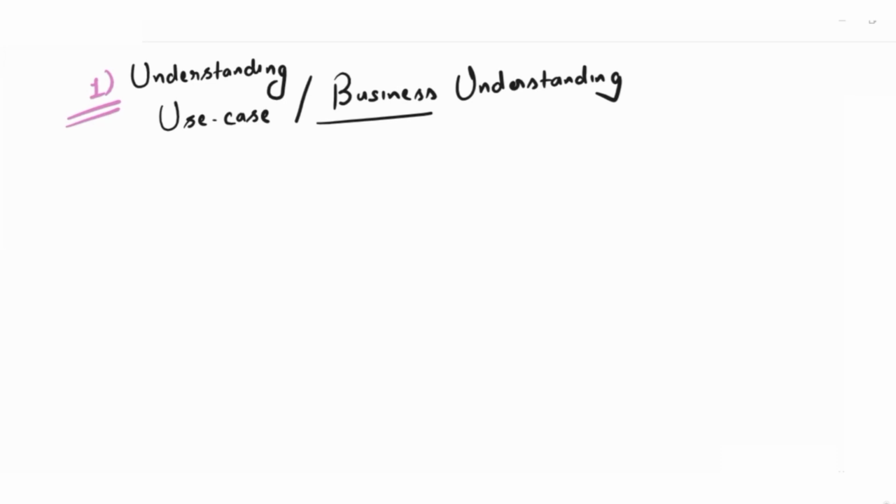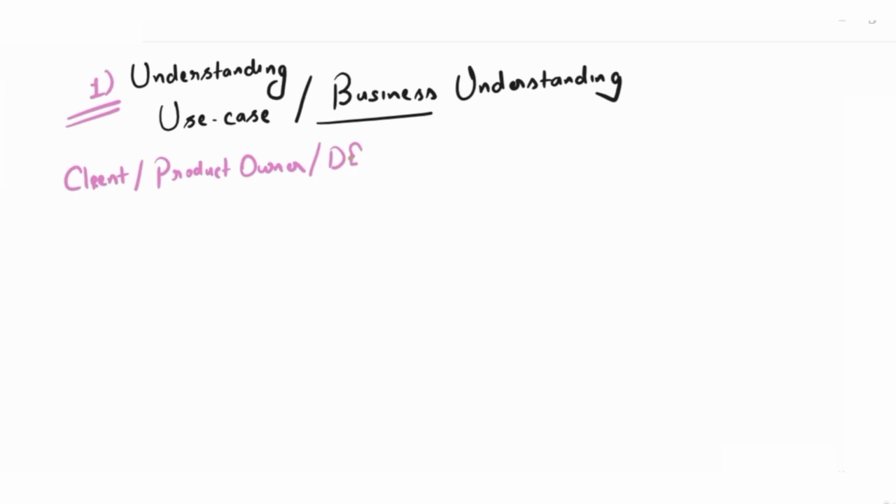Suppose someone known as a client, or a product owner, right? Oftentimes this person is also known as a domain expert. A domain expert is someone who is quite good in their domain.